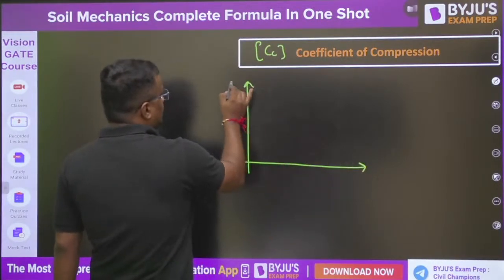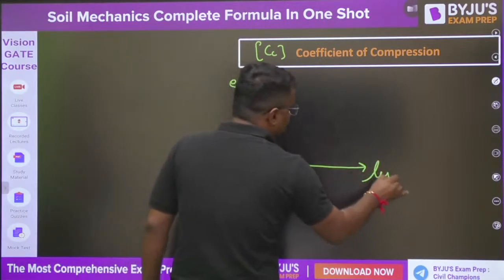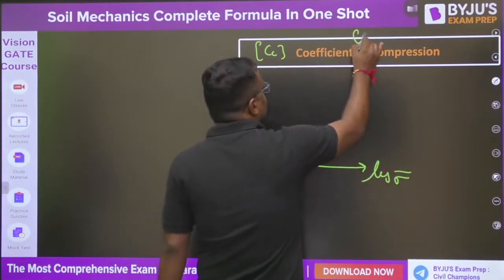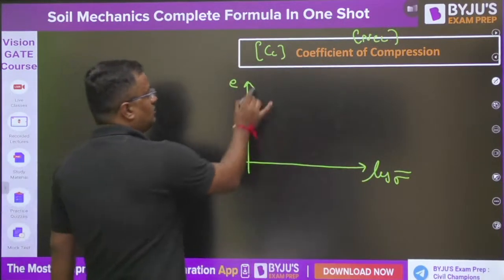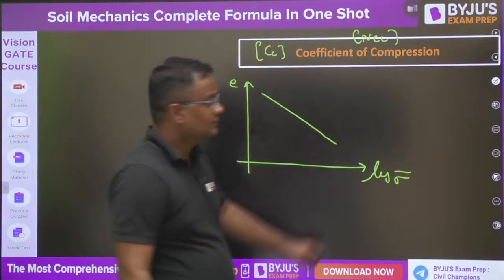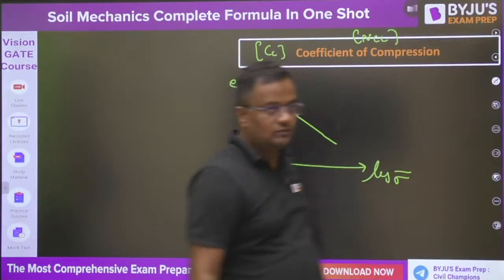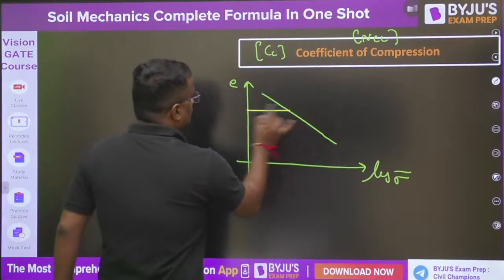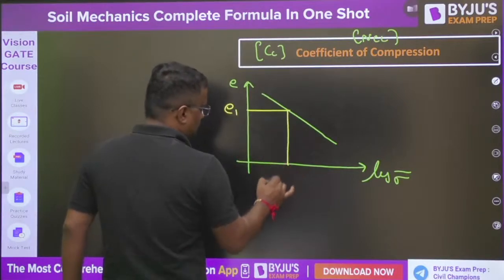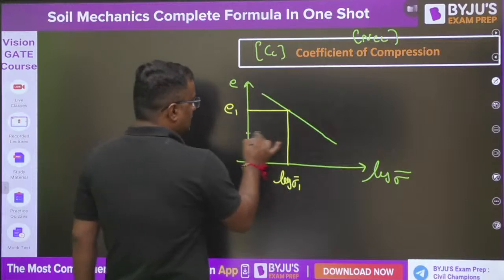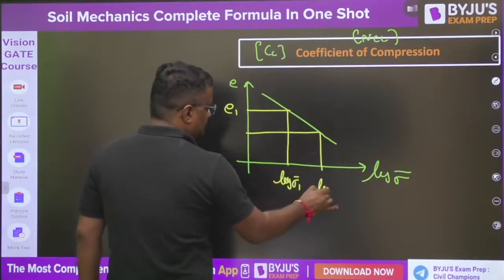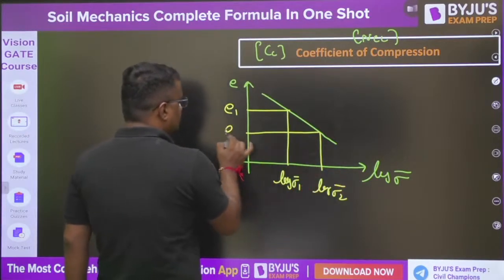Okay, so if I make an E and log sigma bar graph for NCC soil, then it becomes almost a straight line. For E1 void ratio, effective stress is log sigma 1 bar, and for E2, when effective stress is increased, log sigma 2 bar, it is E2.